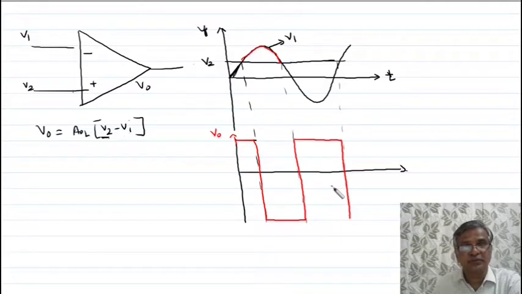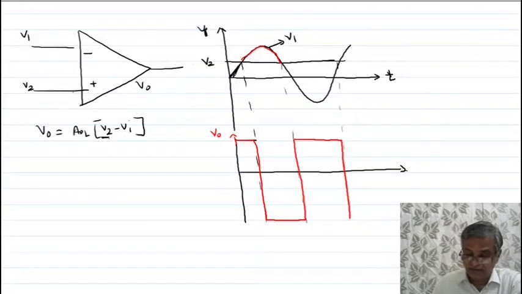Now suppose some noise is riding over this signal, then what will happen? Instead of this input signal V1, it has some noise. Suppose this signal has a noise like this.